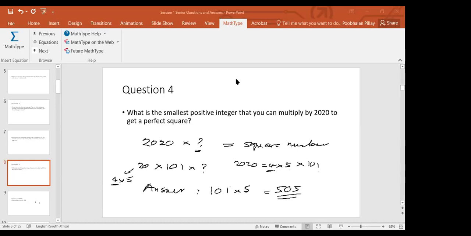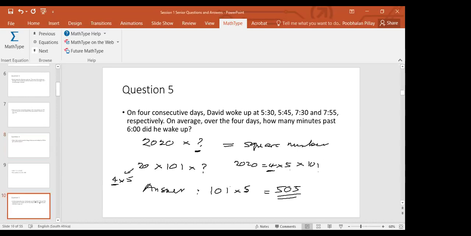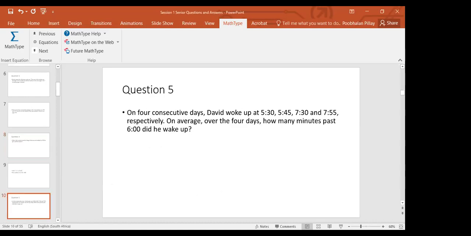All right, we go on to question 5. You can see I'm moving quite steadily with the early questions because these are not very demanding. Most of them involve numbers, all natural numbers and counting numbers.